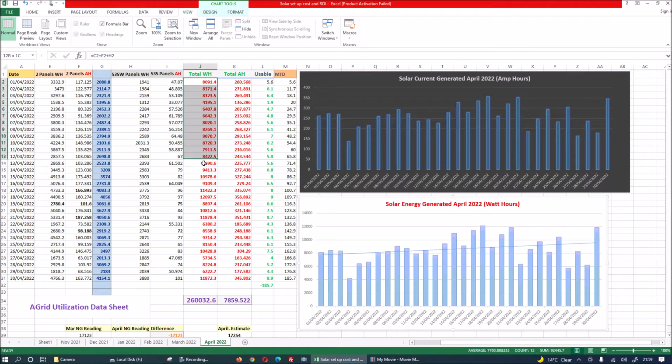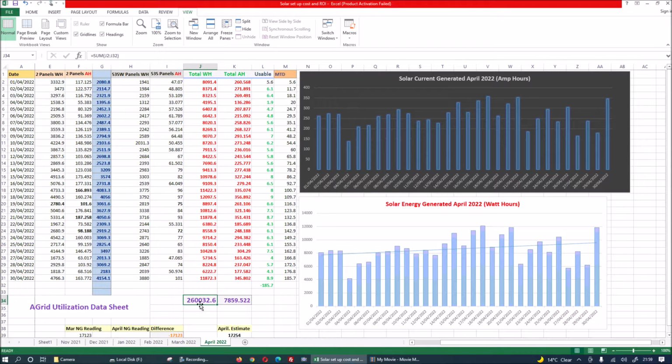If you look at it from top to bottom, so far this month I have generated 260,032.6 watt hour.